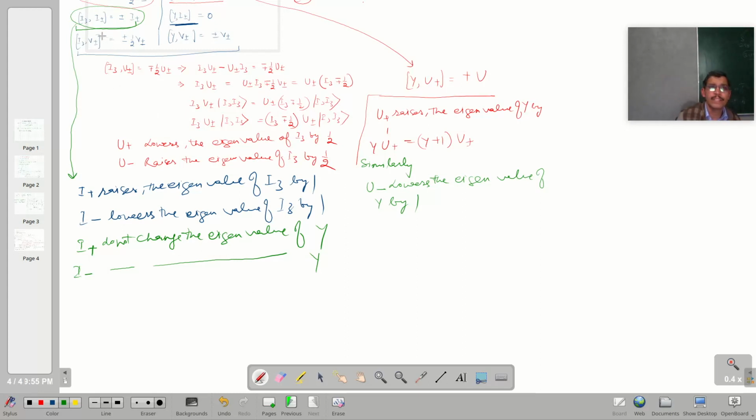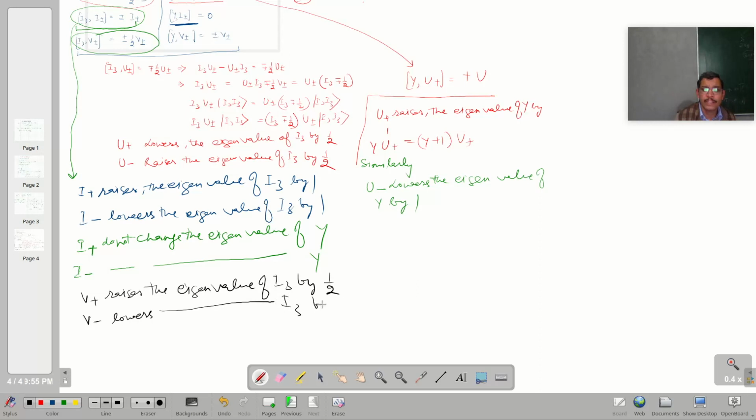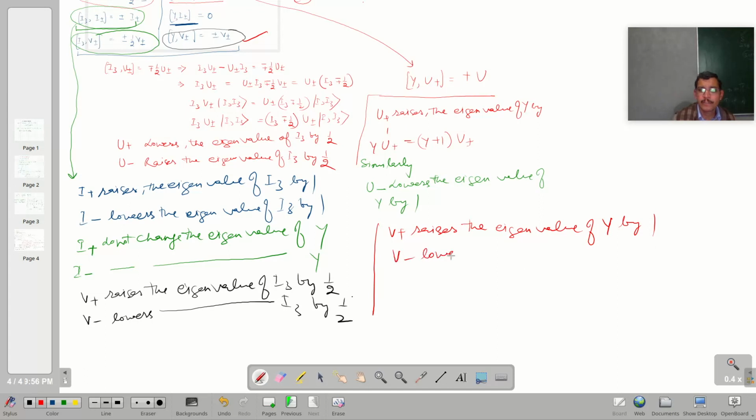But if I look at this part, what does it indicate? It indicates that V+ raises the eigenvalue of I3 by 1/2, and V- lowers the eigenvalue of I3 by 1/2. And looking at this part, it means that V+ raises the eigenvalue of Y by 1, and V- lowers the eigenvalue of Y by 1.